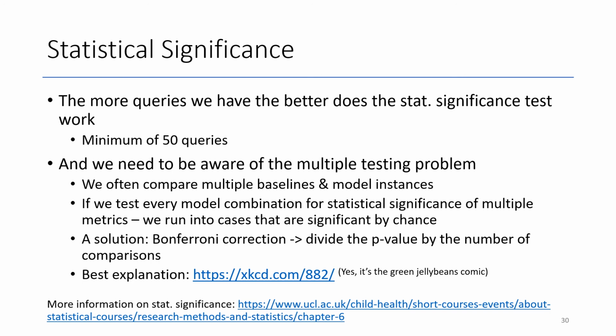This means that we can be more confident that a single test in those multiple tests is not by chance. And the best explanation for that is the following XKCD comic, which makes this problem very much aware if you talk about scientific results in a broader non-scientific context.